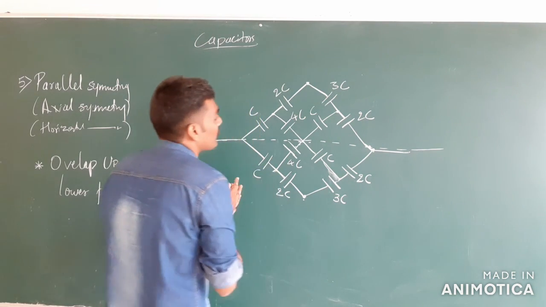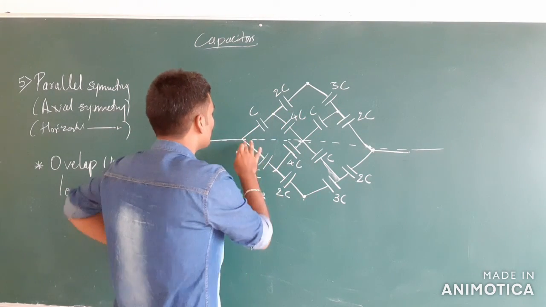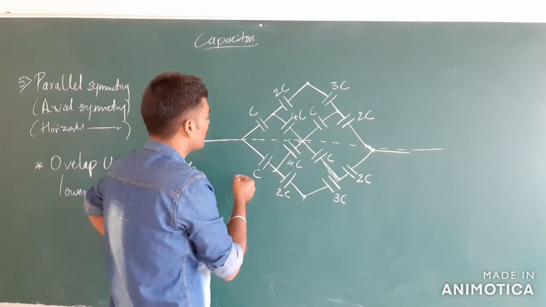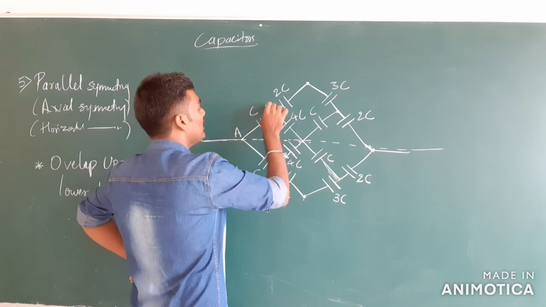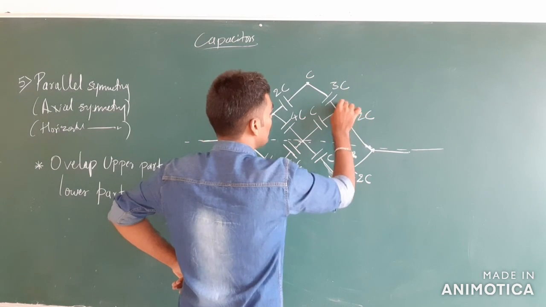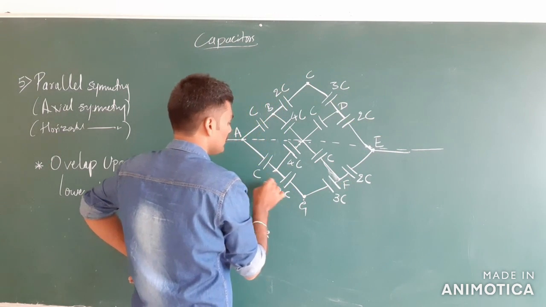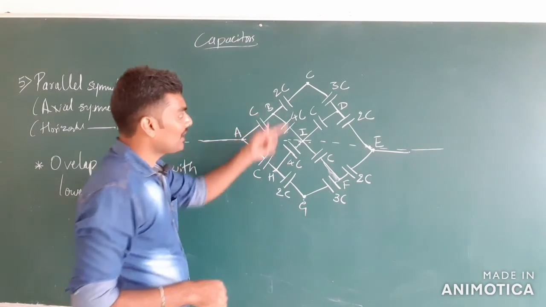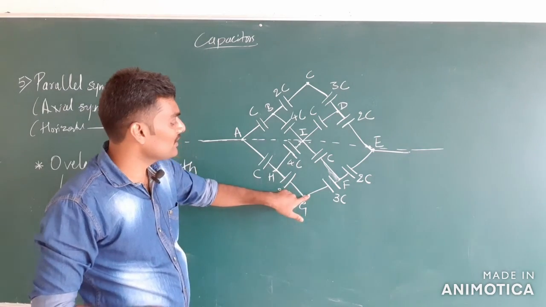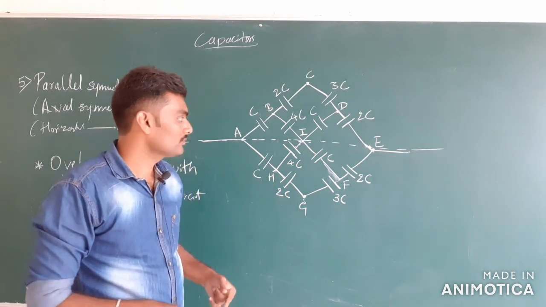So in order to reduce, I'll name these terminals as 1, 2, 3, 4 or A, B, C, D. Okay, let me name this terminal as A and this as B, C, D, E, F, G, H, I. So when I fold, C and G are connected with each other. They are common points.